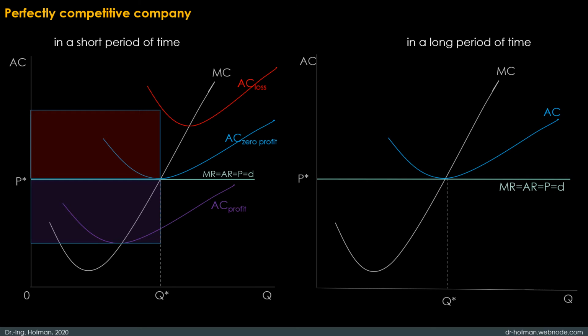Given easy entry and exit, some firms in industry B will leave it and enter industry A to earn the greater profits available there. As they do so, the supply curve in industry B will shift to the left, increasing prices and profits there.